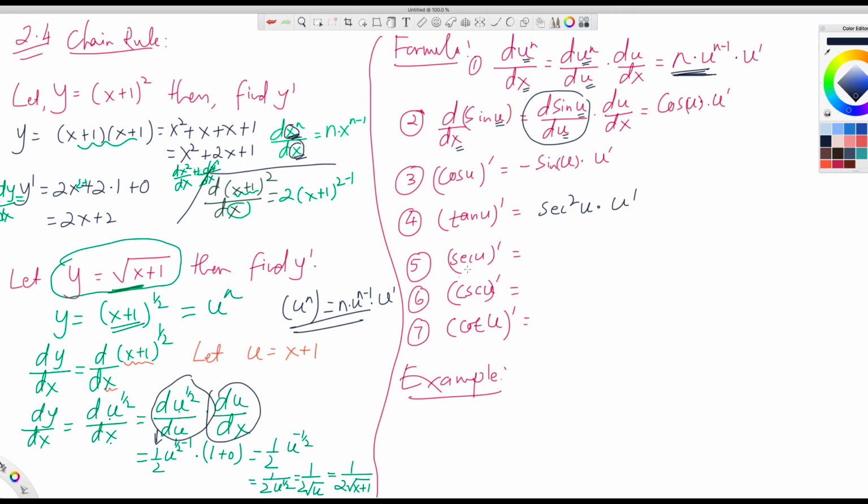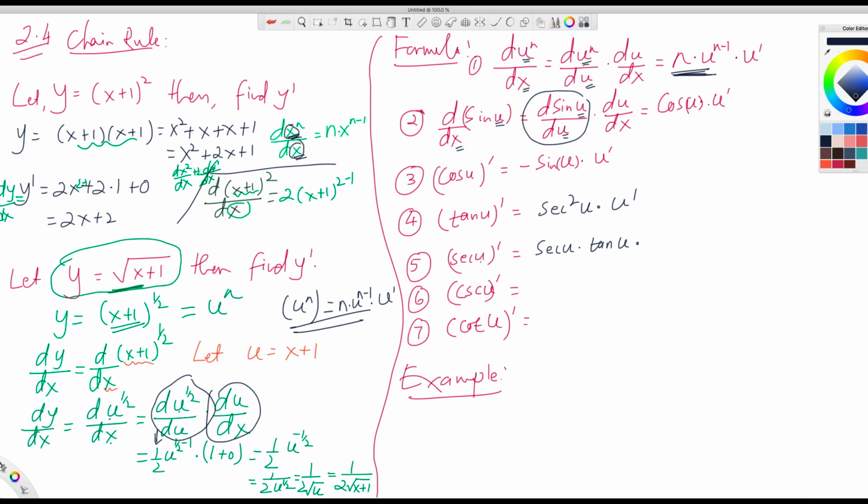You understand? Now let's look at secant u. What is the derivative of secant u? It is secant u times tangent u times, since there is just u, and we are finding the derivative with respect to x, that prime represents with respect to x or with respect to t, whatever.